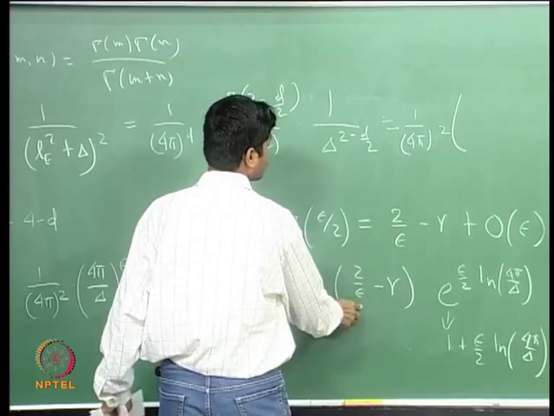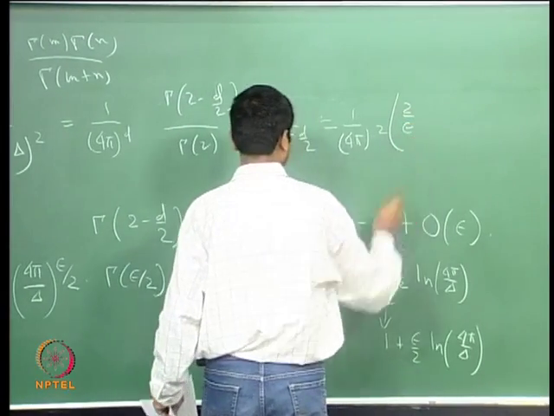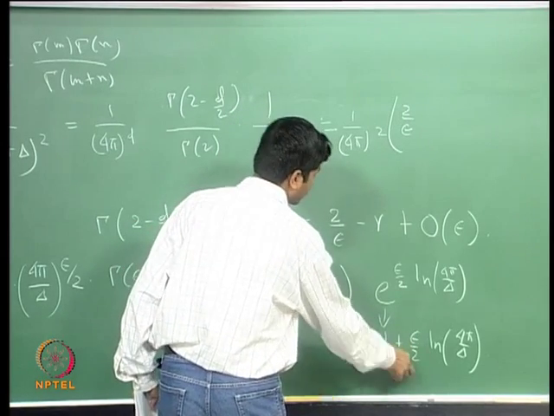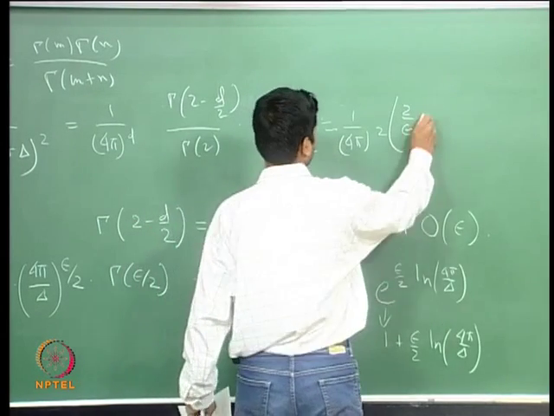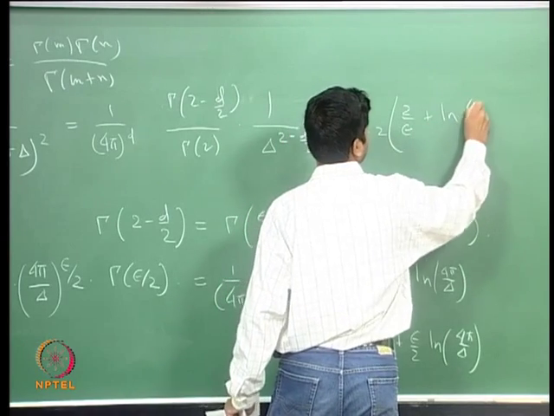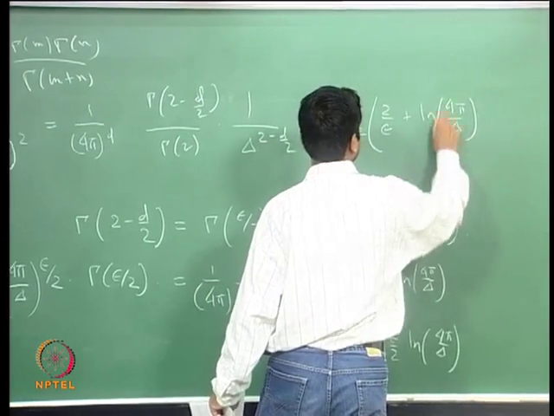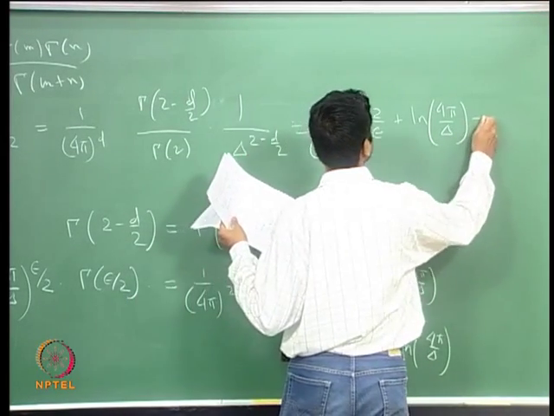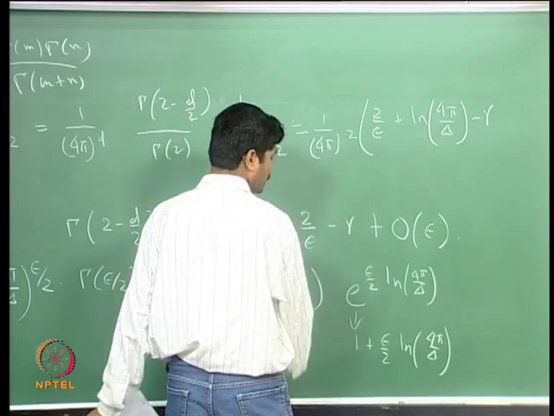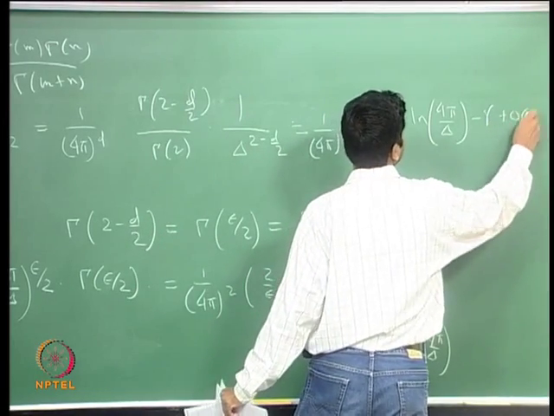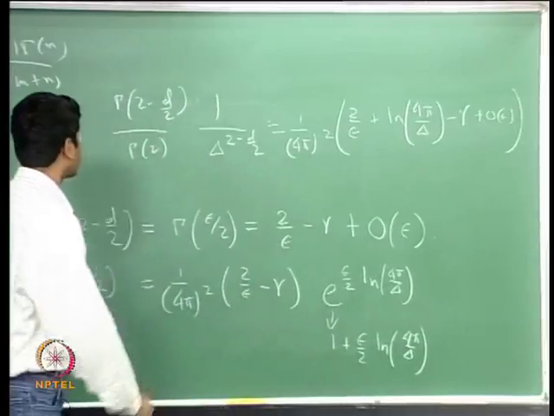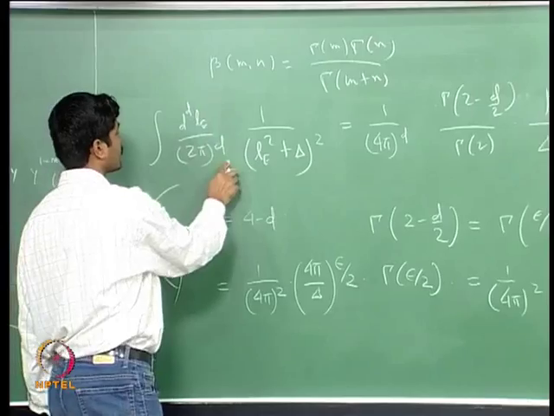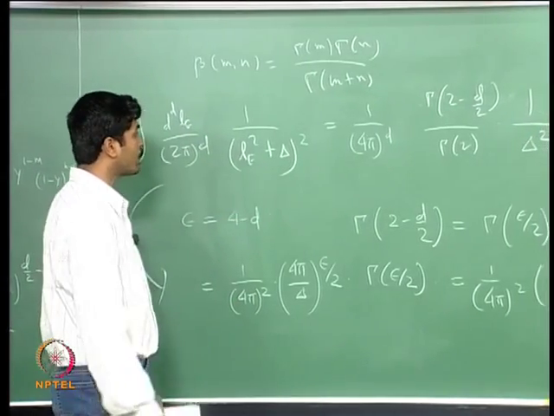The first term here gives me 2 by epsilon, and then 2 by epsilon multiplied by this order 1 term gives me log 4 pi over delta, and finally, when this term multiplies here, I will get a minus gamma. All other terms are of order epsilon, this plus order epsilon. So, this is what I get when I evaluate this integration in d dimension, and I take the limit d goes to 4.